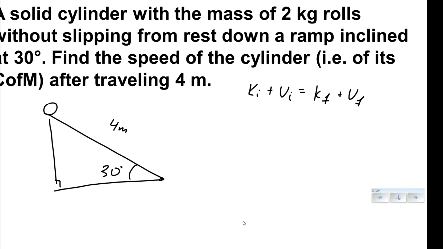Again, we write this equation because nothing like this is happening. No slipping also means there is no kinetic friction between this object and the surface, which is good.